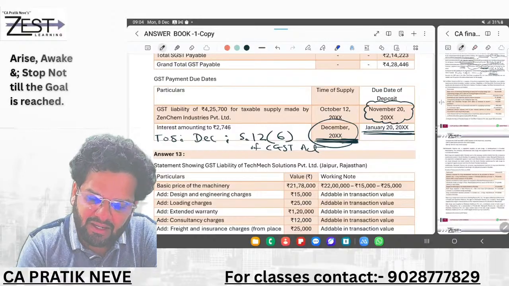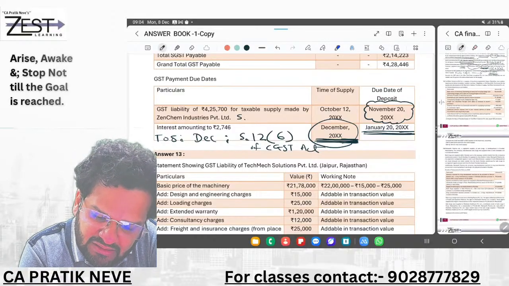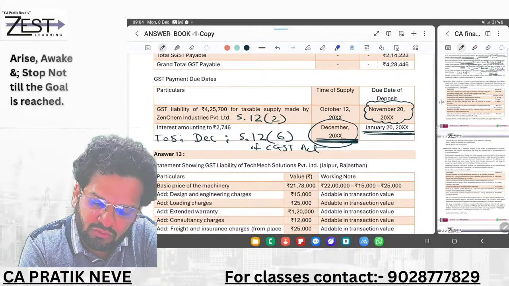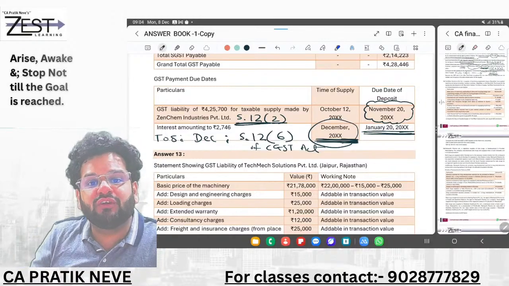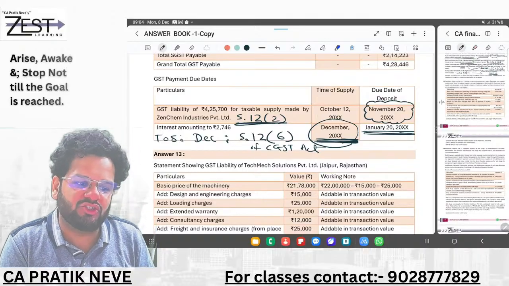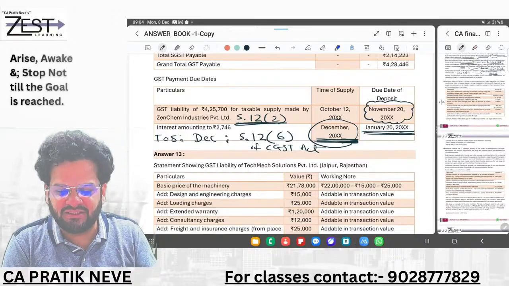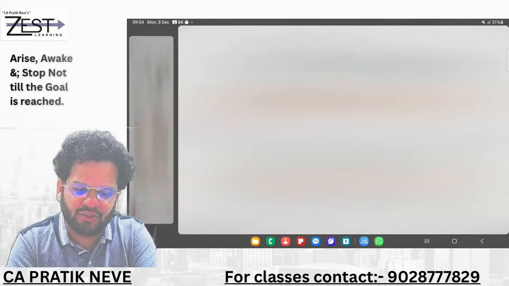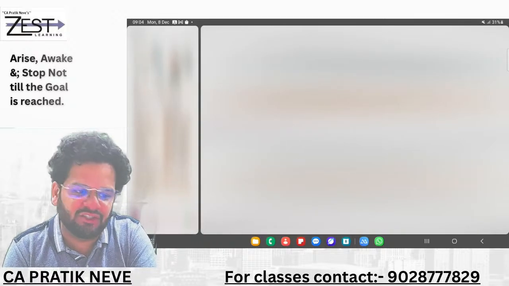And here the time of supply earlier for the original supply was as per 12(2), date of issue of invoice or last date when invoice is to be issued, whichever is earlier. So nice question. Hope you have understood it.